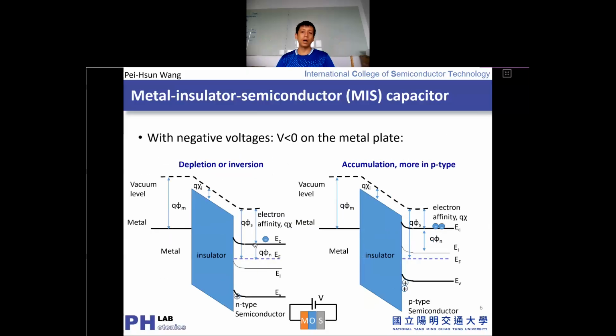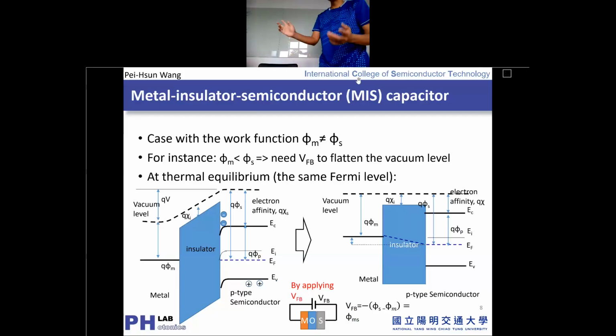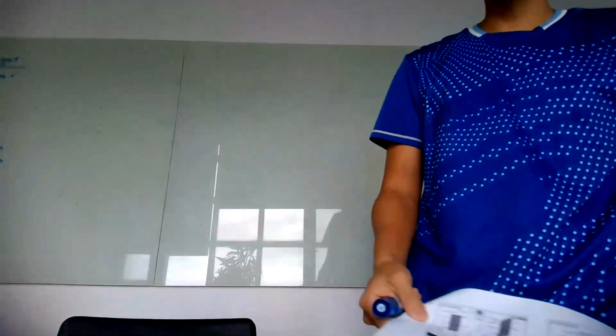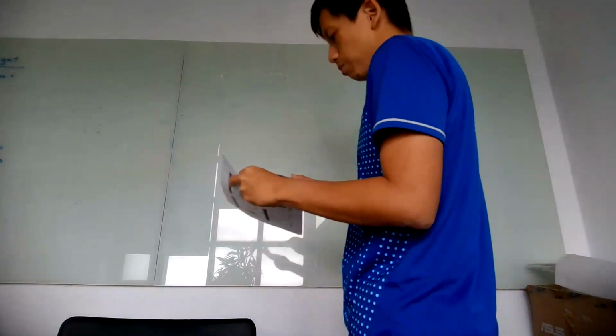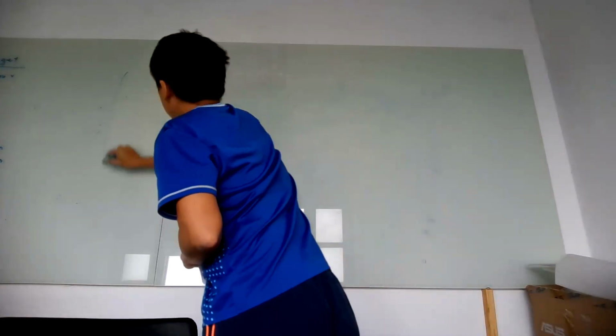However, in most cases, even if we work with a practical doped semiconductor and metal, typically you have different work functions. So let us first look at the slide. I will show some graphs to compare with the scheme.